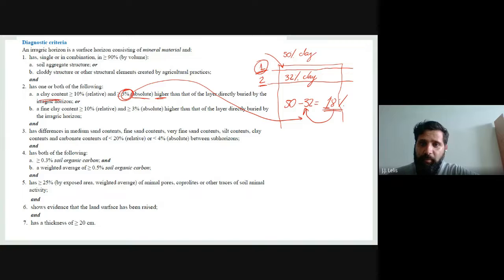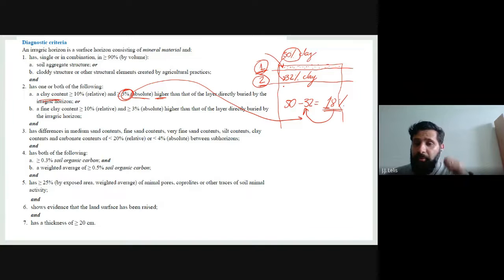Okay, this is one of these conditions. So this first horizon should present at least 3% higher clay content than the second horizon, or the horizon below, that was buried by these sediments added by irrigation.